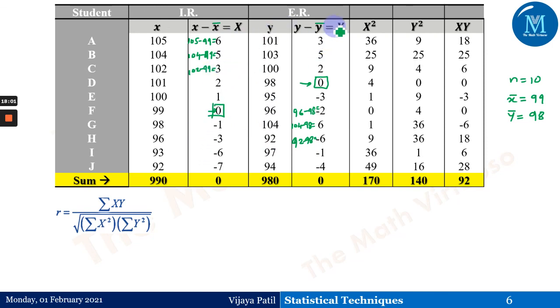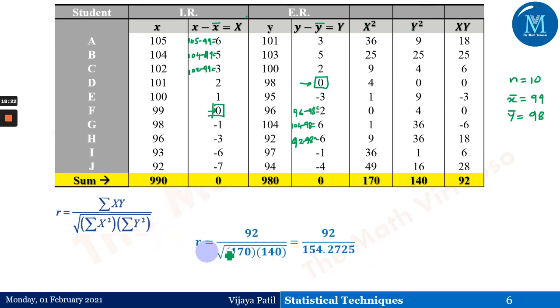X minus x bar, y minus y bar, capital X, capital Y. Similarly, x square, y square, and then the product. We just multiply, so this is the square of this column, and the multiplication of these two columns will give me the product, and these are the sums here.